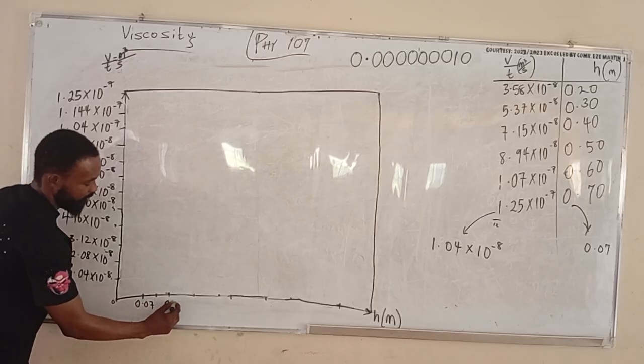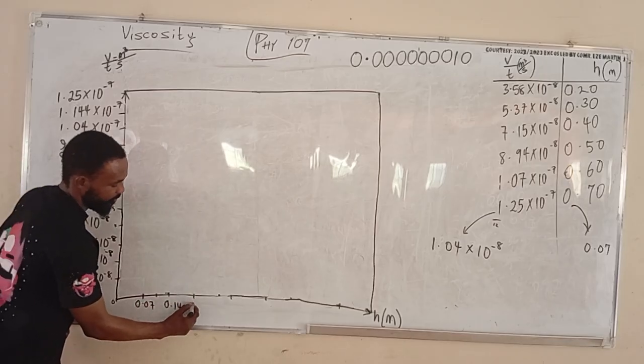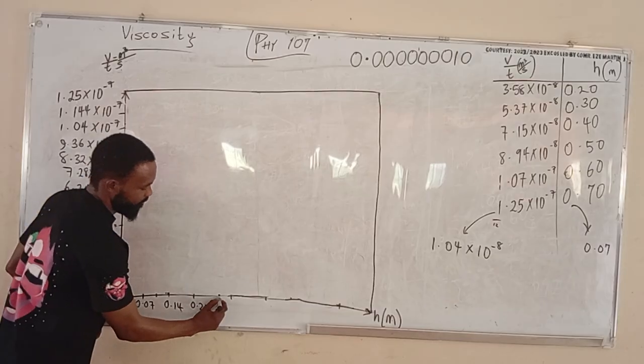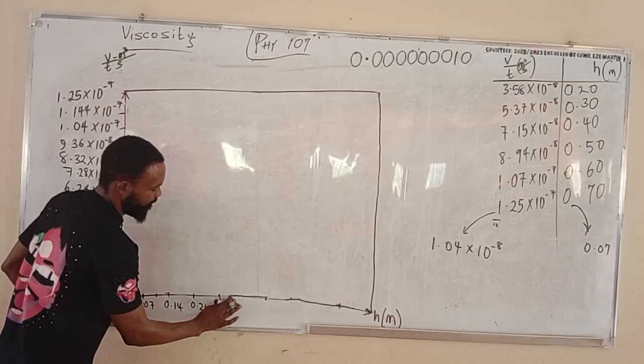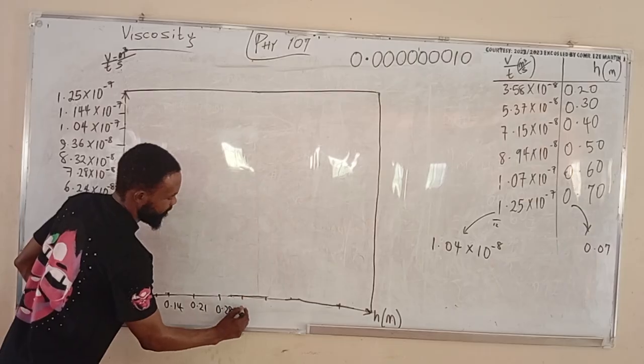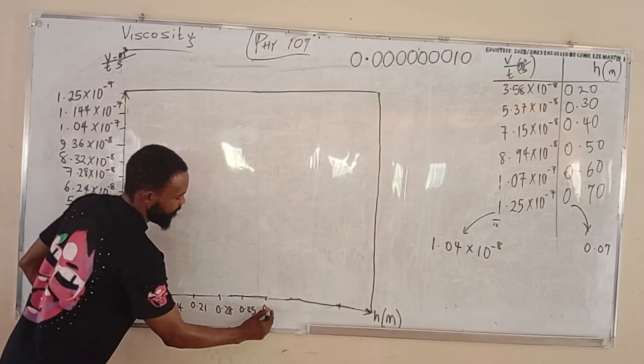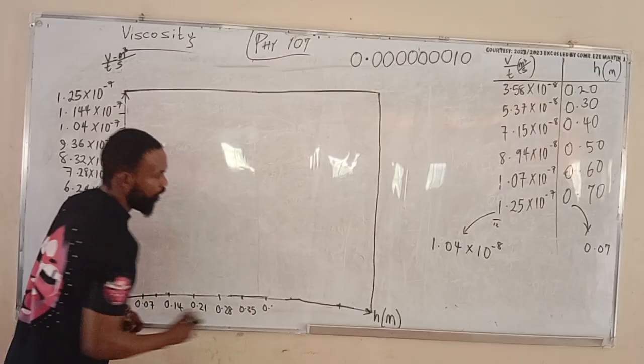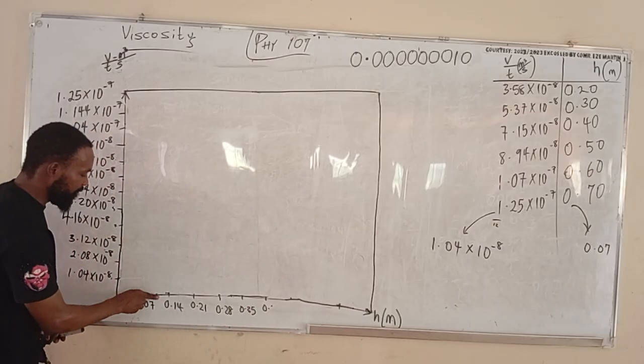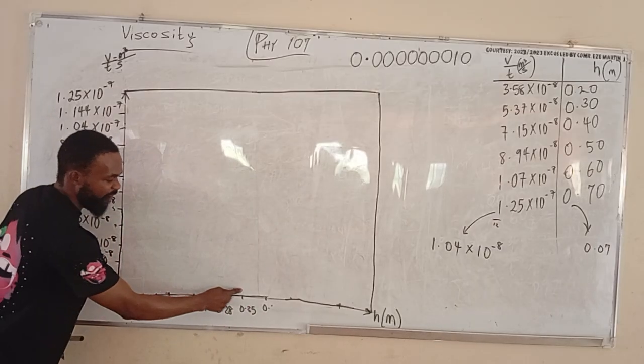So this is 0.07. 0.21. 0.28. 0.45. Hope you know what you are doing. This is 0.1, 0.2, 0.3, 0.4, 0.5, 0.6.